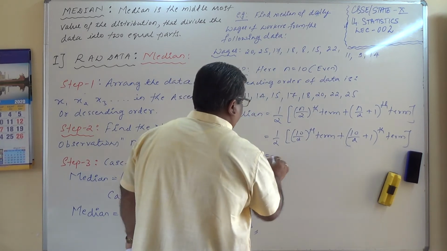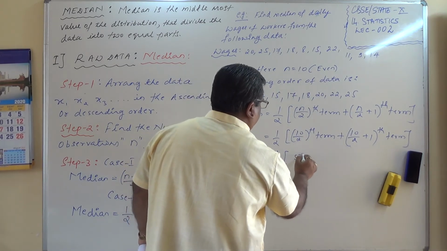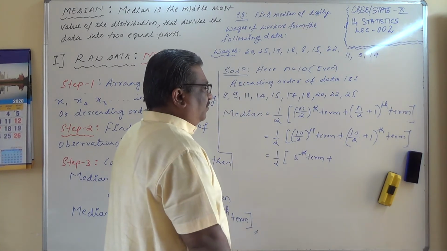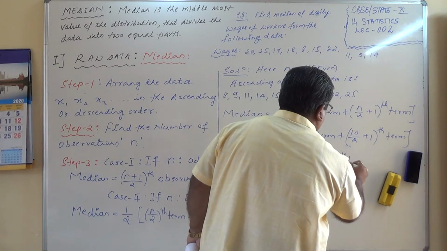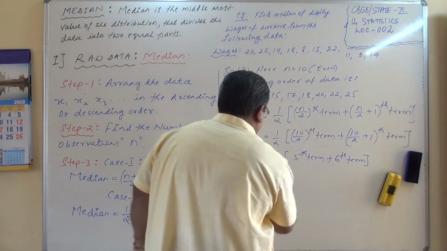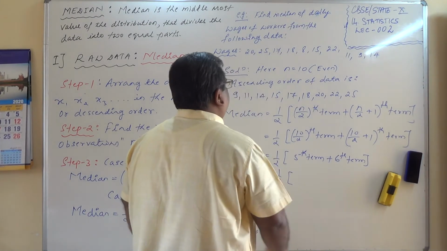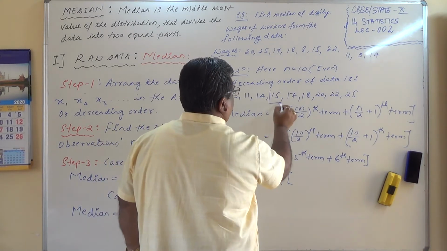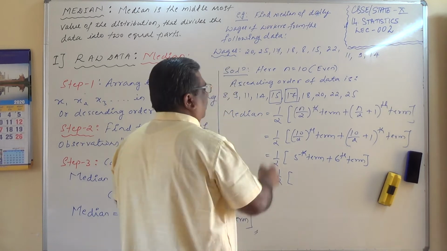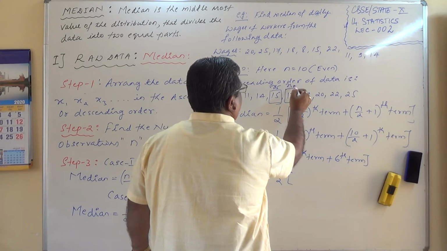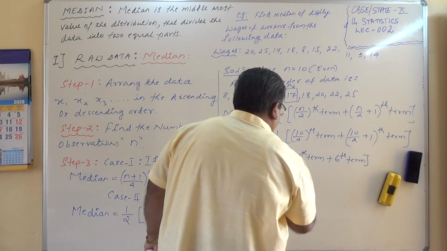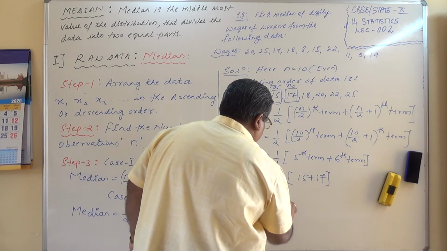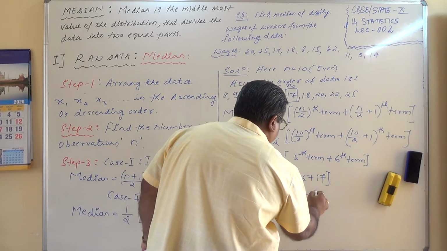So this will be half into bracket 5th term plus 6th term, since 10 by 2 is 5, and 5 plus 1 is 6. Count the 5th term from the left in the arranged data: 1, 2, 3, 4, 5. So this is the 5th term and this is the 6th term. So x5 and x6, therefore half of 15 plus 17, which is half into 32, which is 16.